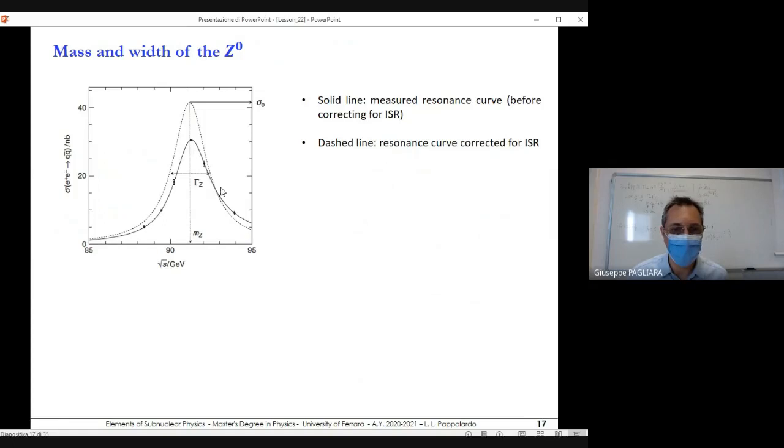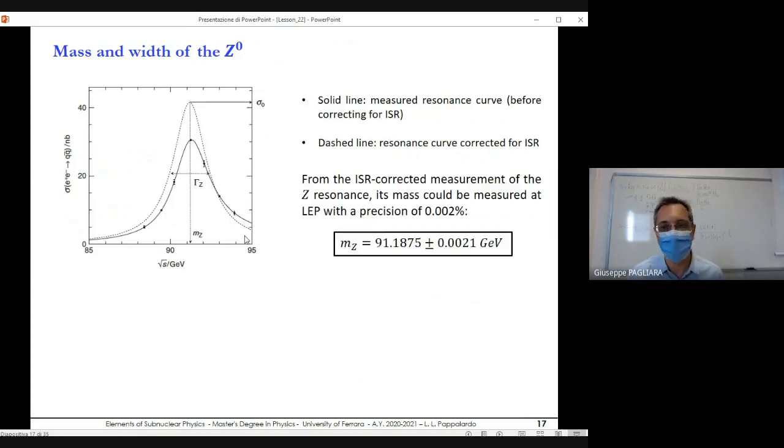So the points are experimental data. The full curve is the Z resonance before correcting for the initial state effect. And then the dotted one is the real one after unfolding for these initial state QED radiations.